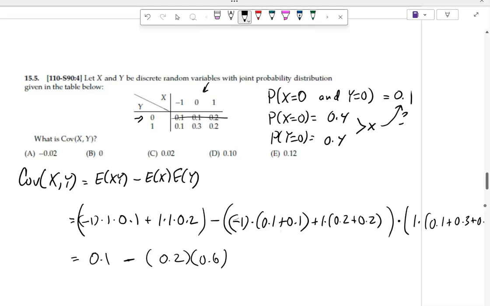And it looks like you get negative 0.02 when we're done. So that would be your covariance in that case. Is that one okay?